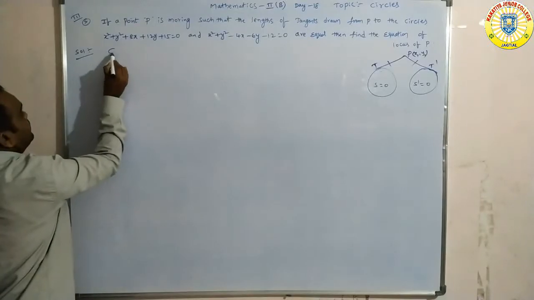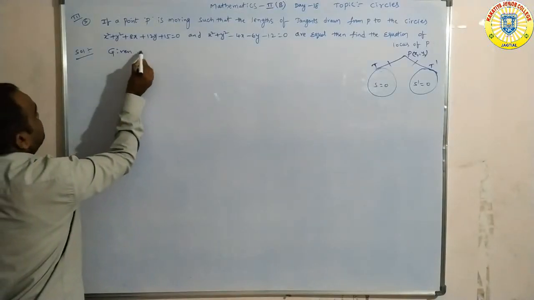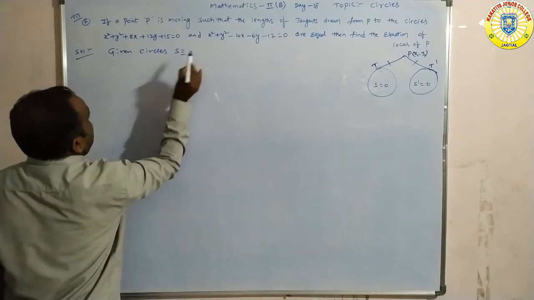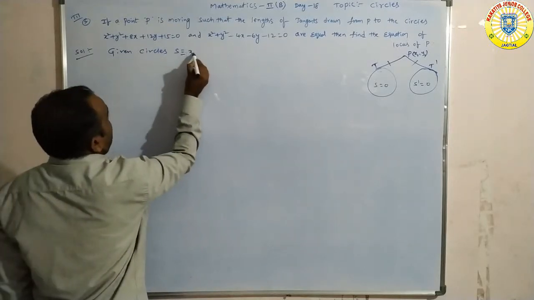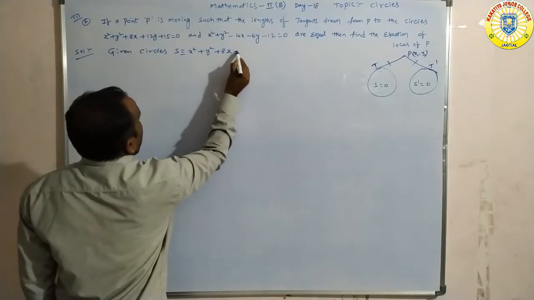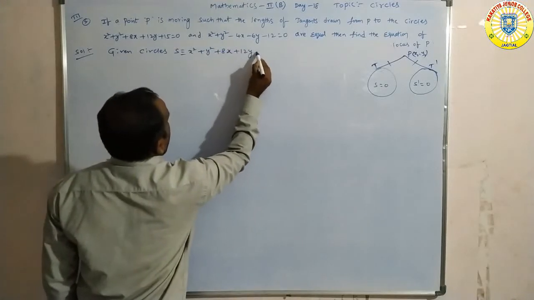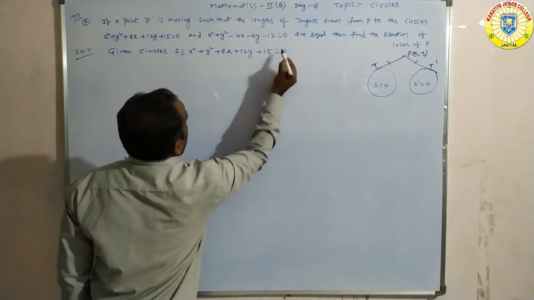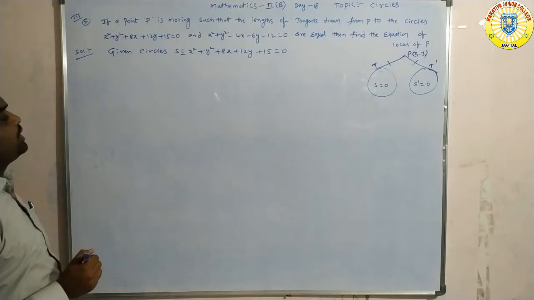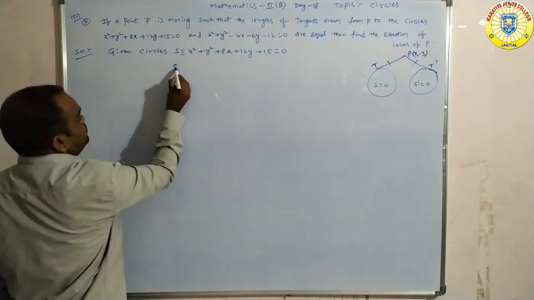First we are writing the given circles. The first one we are taking, S is equal to x square plus y square plus 8x plus 12y plus 15 is equal to 0.